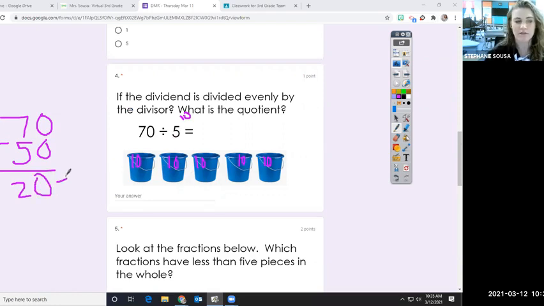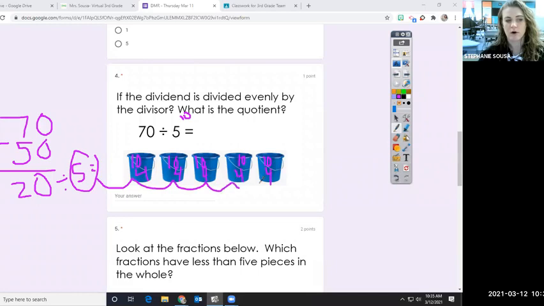I know what 20 divided by 5 is because I can count by 5s to 20 really easy. 5, 10, 15, 20. Oh no, I did it backwards. It's going to be 4 there, 4 there, 4 there, 4 there, 4 there, because there are 5 groups and each group gets 4 more. 4, 8, 12, 16, 20. So your answer is 14.